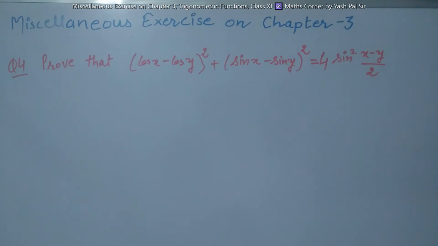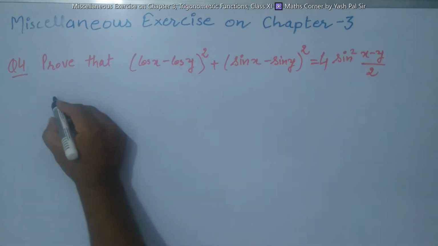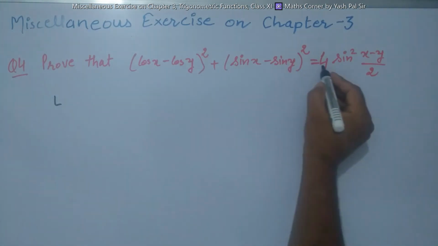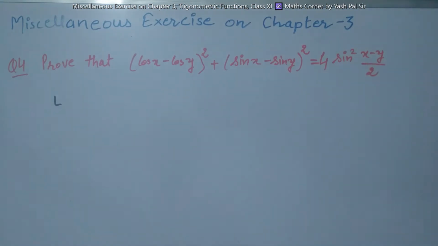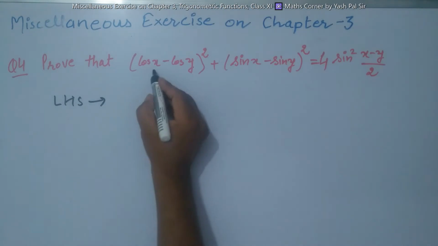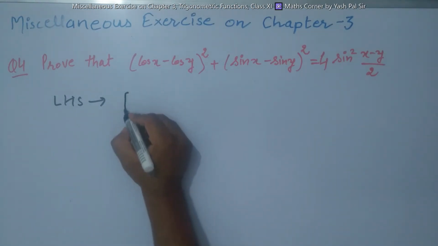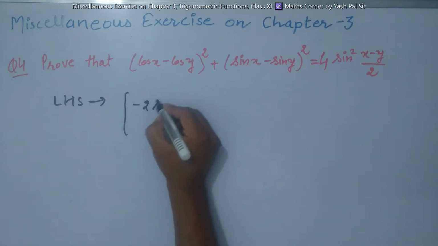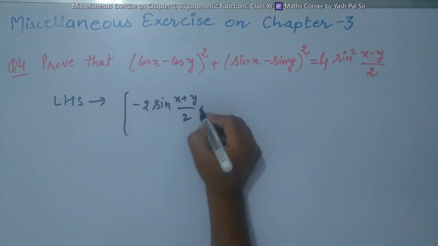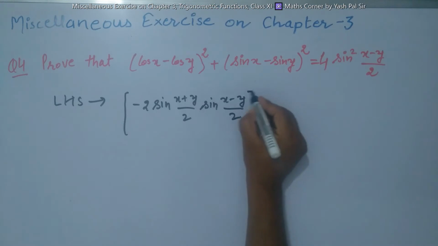Question number 4 is also the same kind of question. This is (cos x minus cos y) whole square plus (sin x minus sin y) whole square equal to 4 sin square of (x minus y) upon 2. So first of all, the left hand side: applying cos c minus cos d, which becomes minus 2 sin of (x plus y) upon 2 into sin of (x minus y) upon 2.